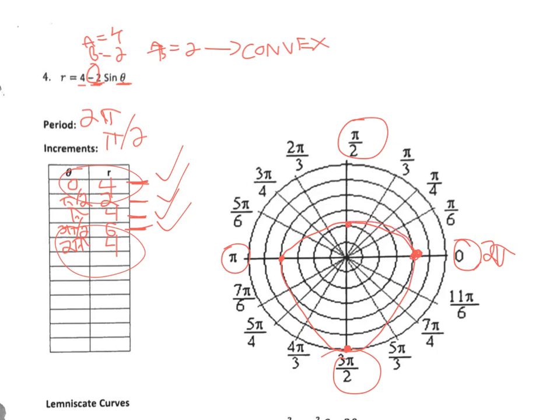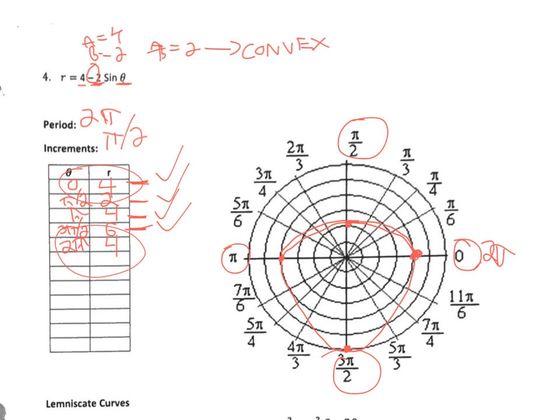Whatever the heck that looks like, I have no idea. There we go. I think when I drew this in a previous year, one class said it looked like an acorn. I don't know. Just make sure it's convex and that the shape doesn't cave in. It's not concave.